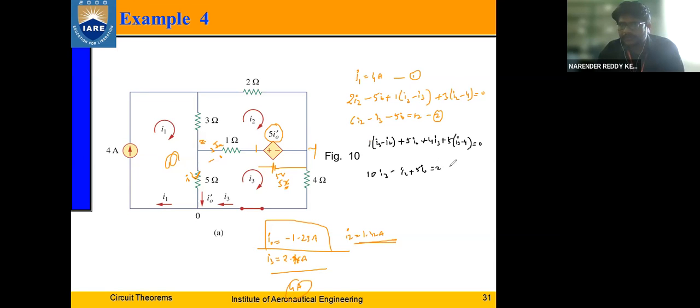Let us write this as 3. So I can use equations 2 and 3. Can I add them or subtract them? Add 2 and 3. What's the equation you are going to get if I add these two? In terms of I2, I'll get 5I2, isn't it?